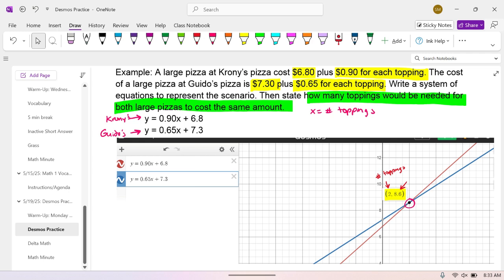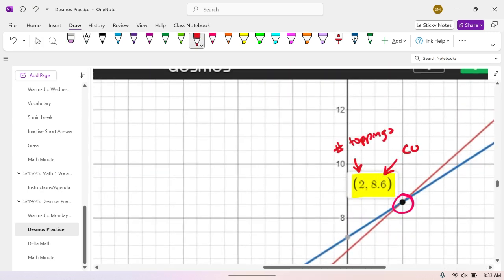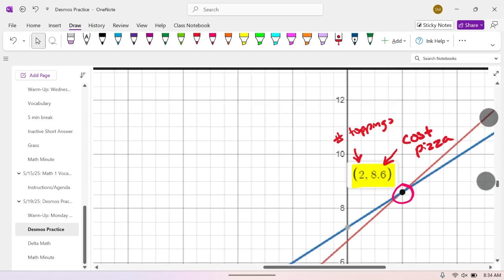The cost of the pizza. So if they both have 2 toppings, that means the cost of the pizza is $8.60. All right, you got to know how to do this. So we're going to do a couple more together just so this is a review on systems and how to write them from word problems.